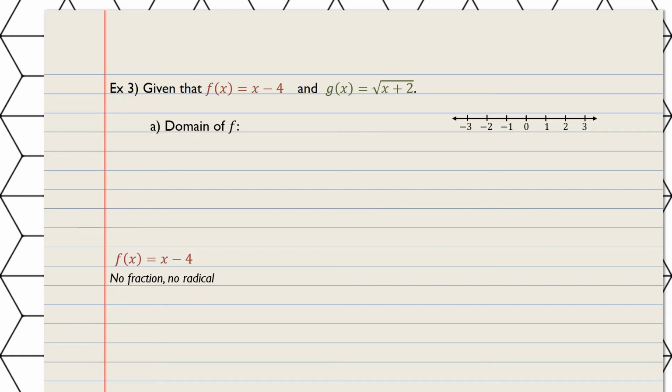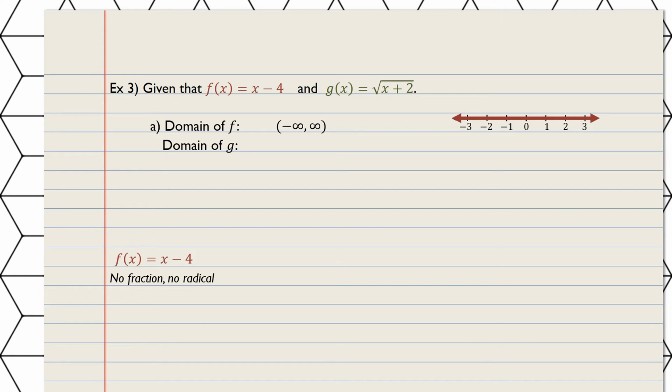We have no holes, no gaps, there's nothing removed, which means the entire number line would be included. So we write our domain in interval notation. The furthest left we can go is negative infinity. The furthest right we can go is positive infinity, and so that would be your domain.